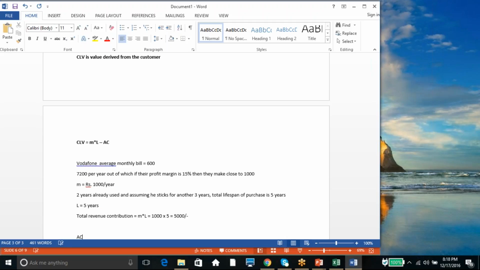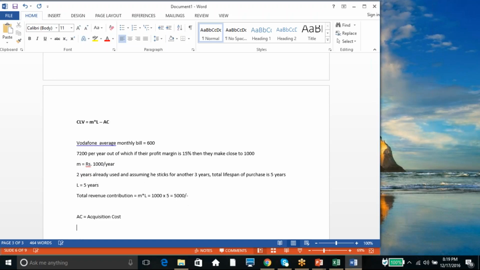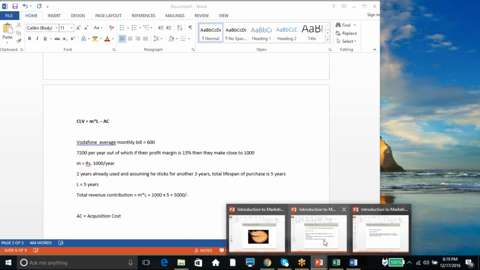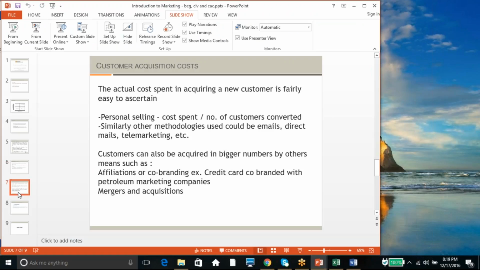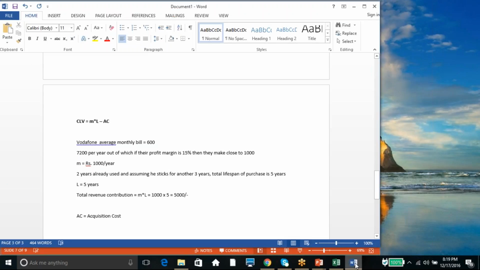Now we have acquisition cost. What is acquisition cost? The actual cost spent in acquiring a new customer is acquisition cost. So AC can be zero also.